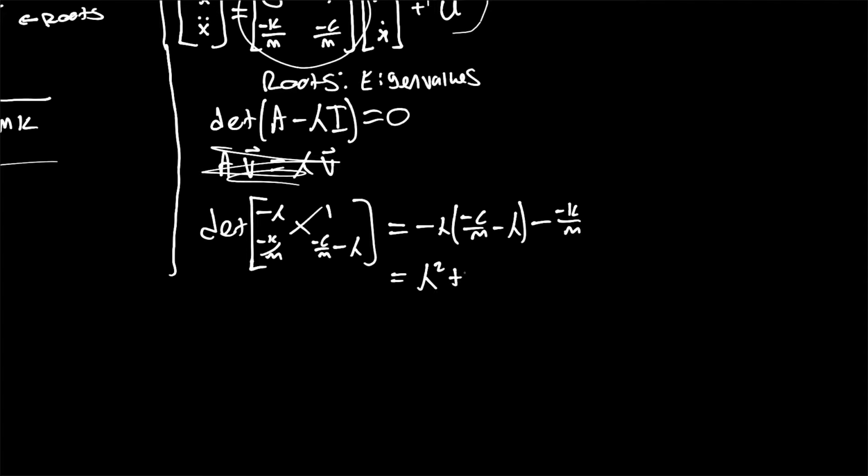It's going to be plus c lambda over m, and then this is going to be plus k over m. And we're setting this determinant equal to 0 to find the roots of the system. So therefore, lambda squared plus c lambda over m plus k over m equals 0.